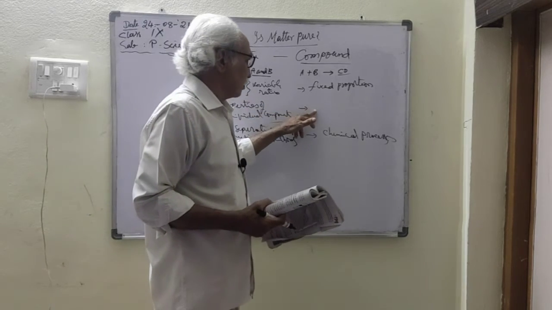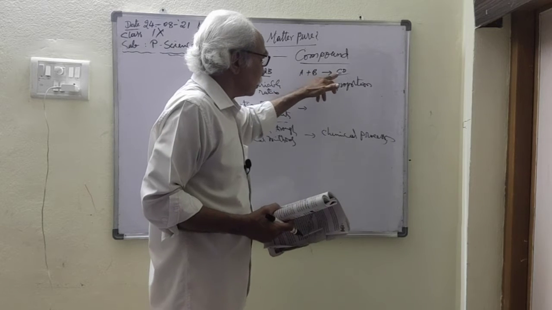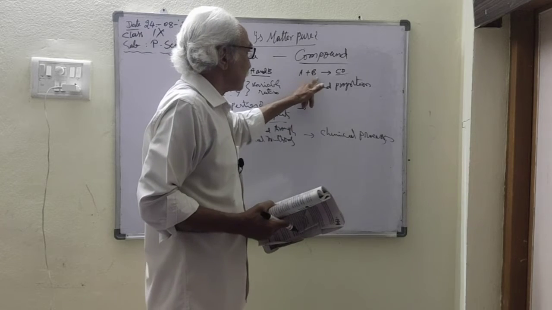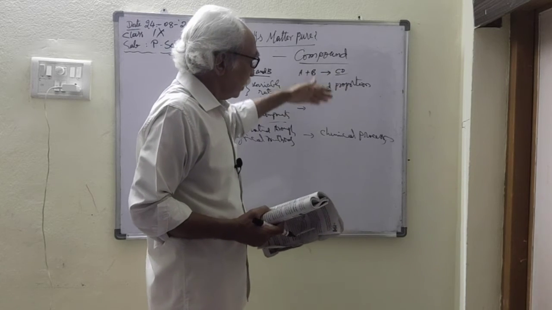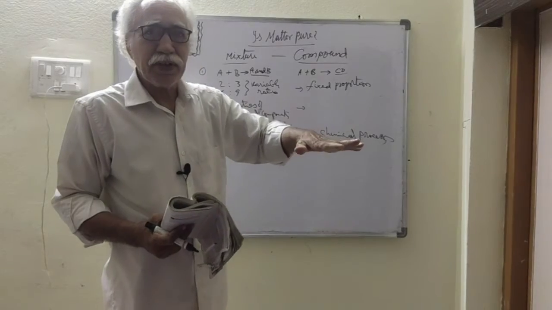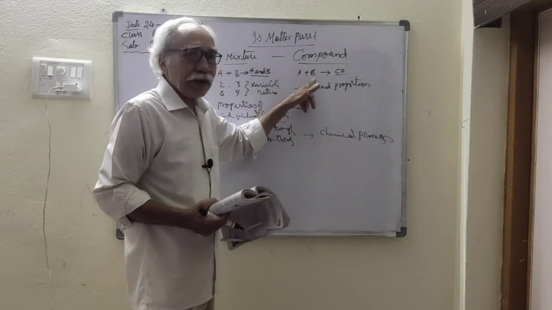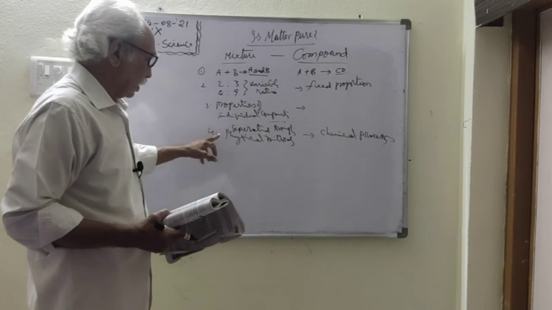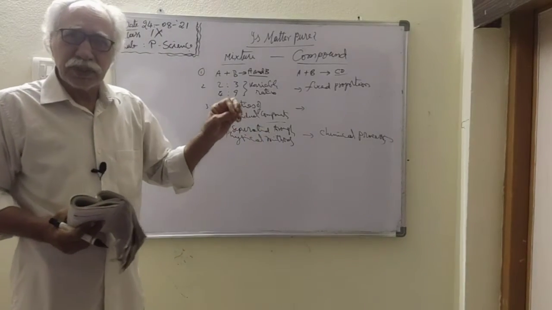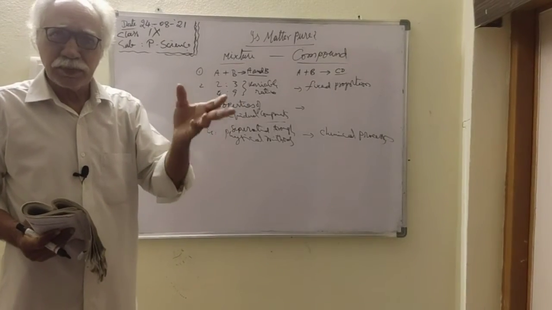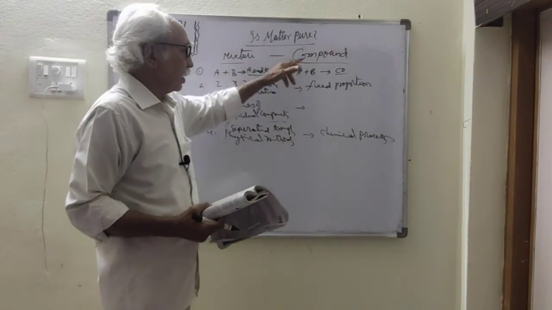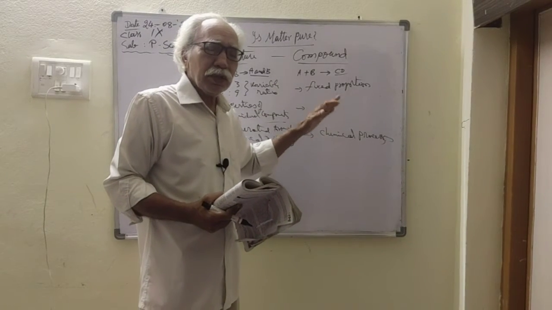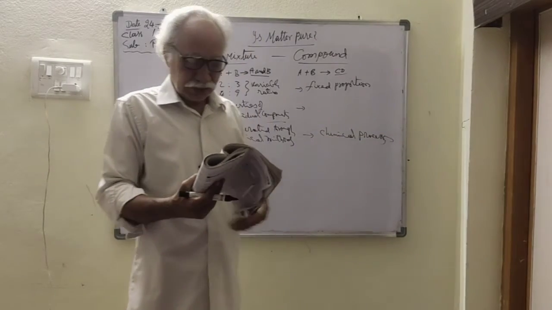But in a compound, the properties of the new substance are entirely different from the properties of the reacting substances. In a mixture, the components are separated through physical methods like filtration, boiling, evaporation. But in compounds, the components are separated only through chemical methods, chemical processes. So that is the difference.